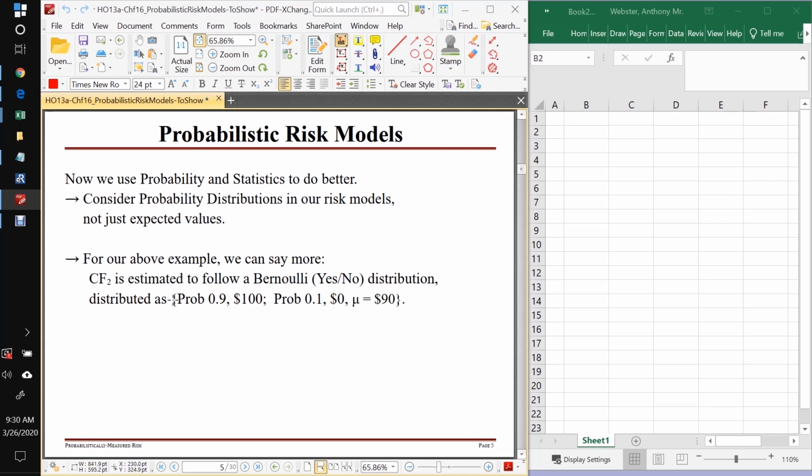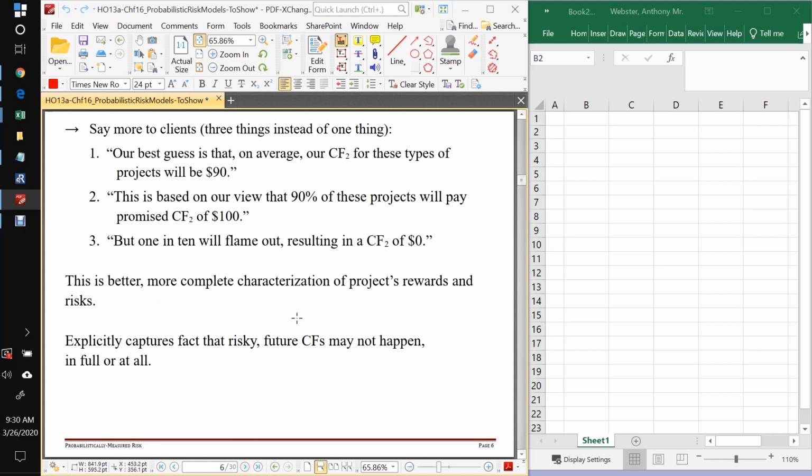So we're going to be looking at everything, not just the expected value, but all of the cases that go into making that up. And this allows us to say more to our clients or our bosses if we're working for a CFO or a CEO. So we can say better things and more things.